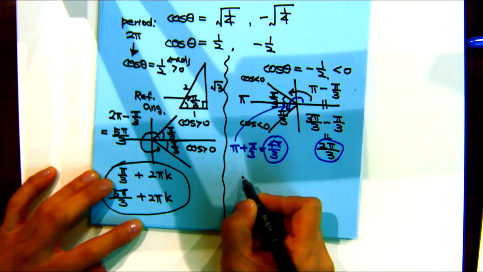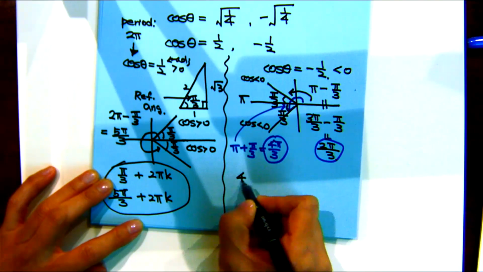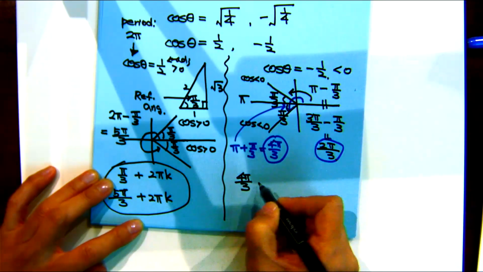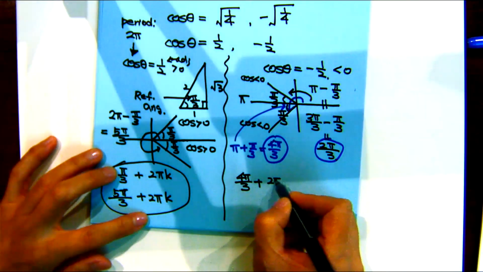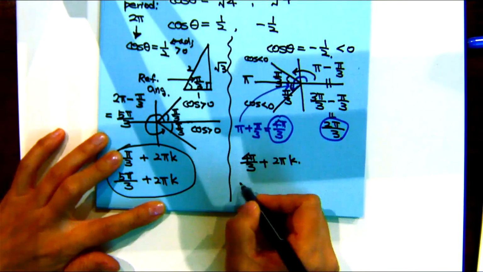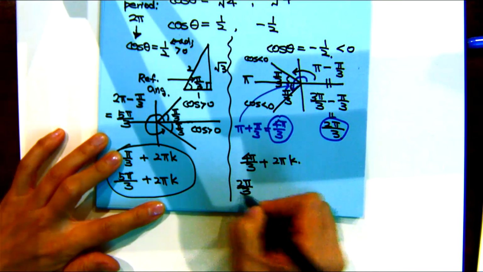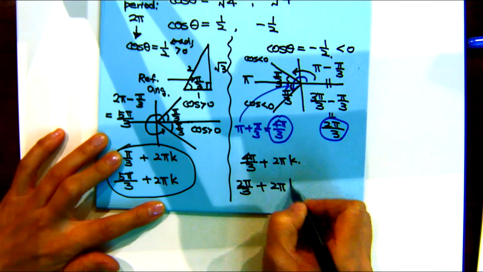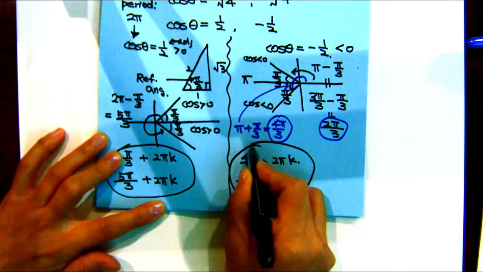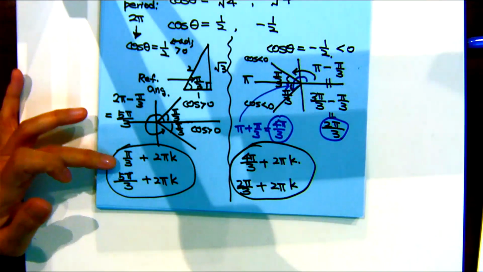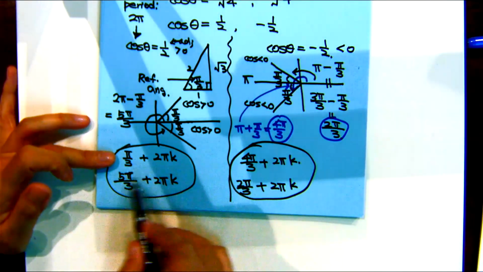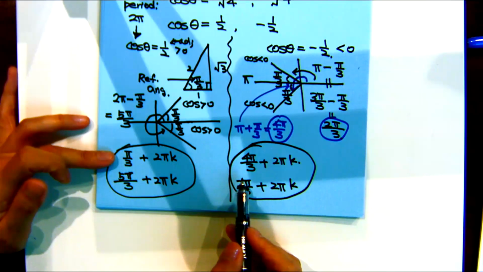So we generalize it to figure out all the solutions. So we have 4 pi over 3 plus 2 pi k and 2 pi over 3 plus 2 pi k. So we have 4 solutions here, but what you can see is this and this are related to pi.